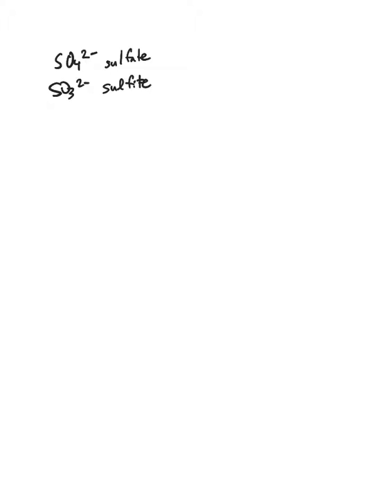Sulfate and sulfite. And just a comparison, not to confuse, but to try to prevent confusion. Sulfur by itself with a -2 charge is sulfide. So you've got sulfate, sulfite, and sulfide. You've got to be able to discriminate between these. You've got to memorize them. You want to see a pattern get generated now.